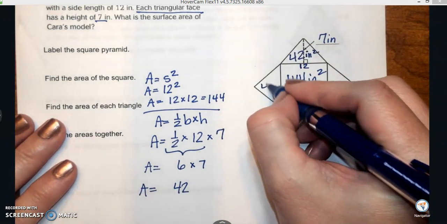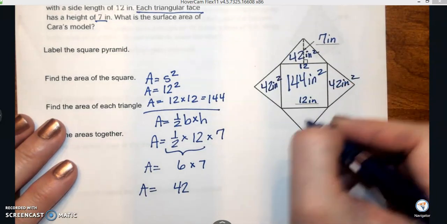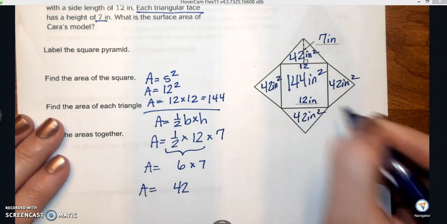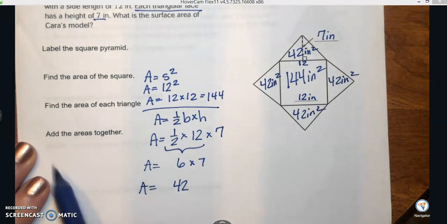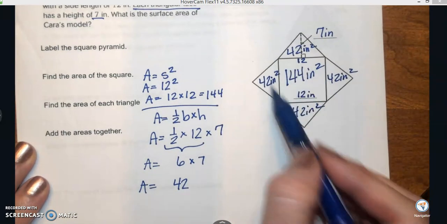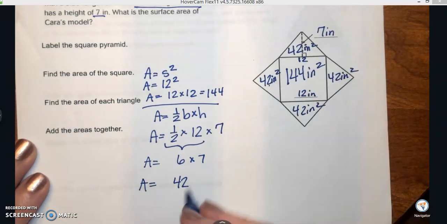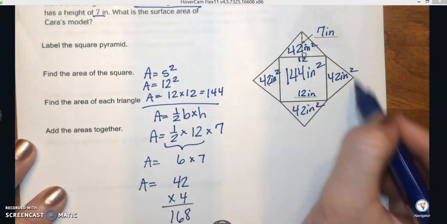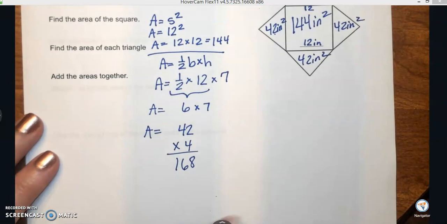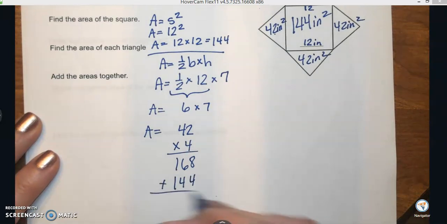But that also means that this one would be 42 inches squared, as will this one and this one. So to get our total surface area, we need to add all of these together. There are 4 triangles, so I'm going to take my triangles and multiply by 4. That gives me 168. So for the triangles, the area is 168. And then I'm going to add the area from the square.